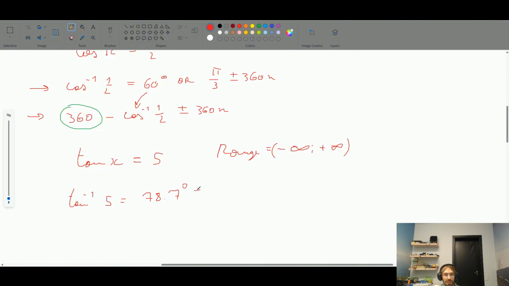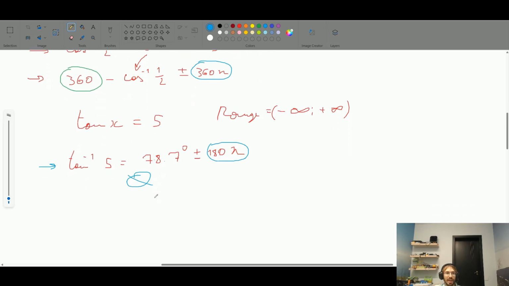So you should write plus or minus 180n, not 360, as in the case of cosine and sine. The good news is that there will be no second series. On one period there will be only one root for tan.